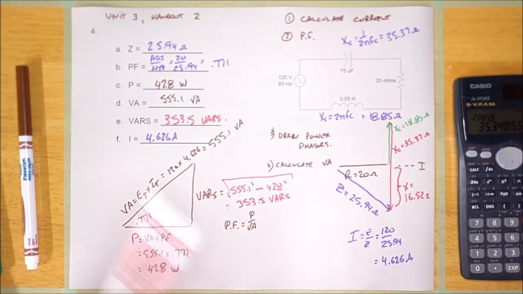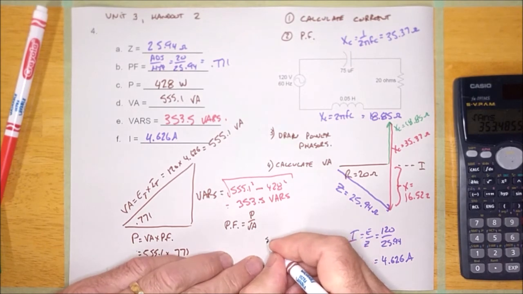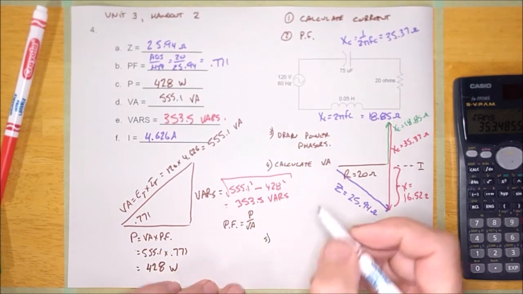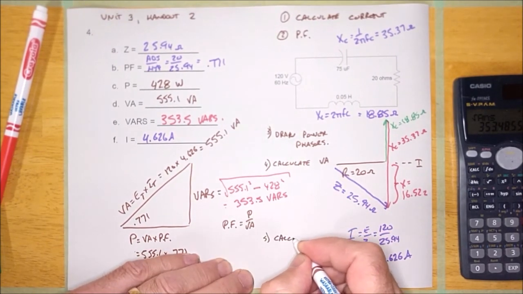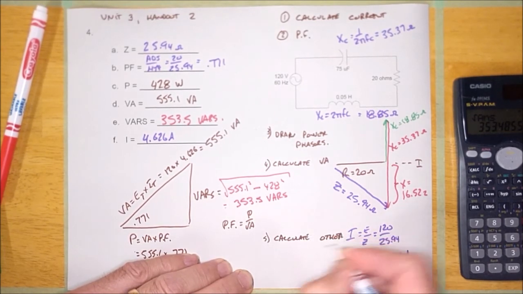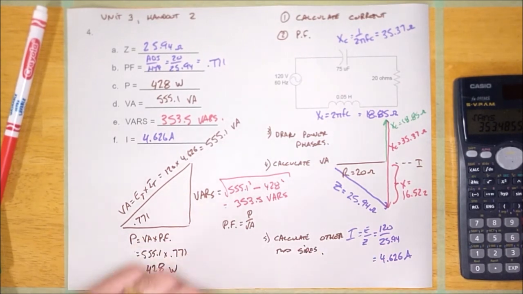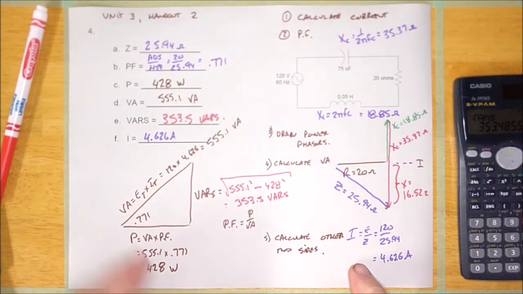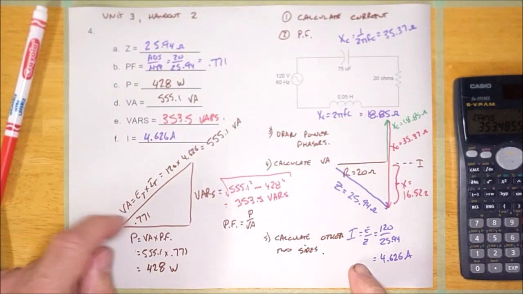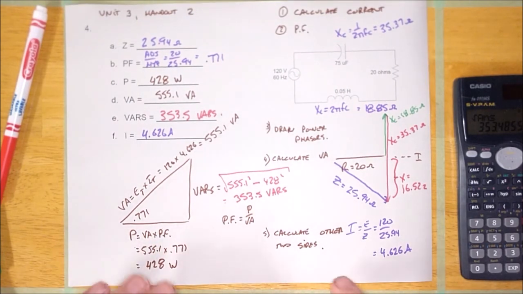And step 5, I guess you could say, is calculate the other two sides. Okay, and this works for every kind of circuit. As long as you do step 1 and 2 right, you'll get the VA, you have the power factor, you can calculate the power and the VARs using some trig and formulas.